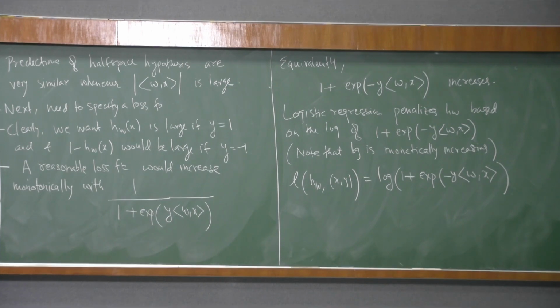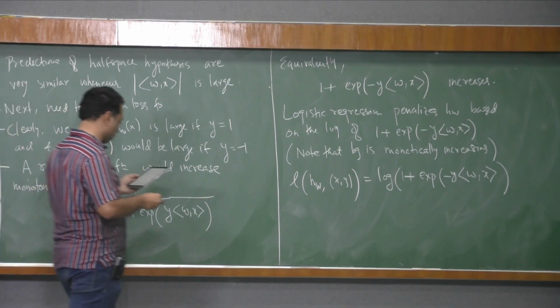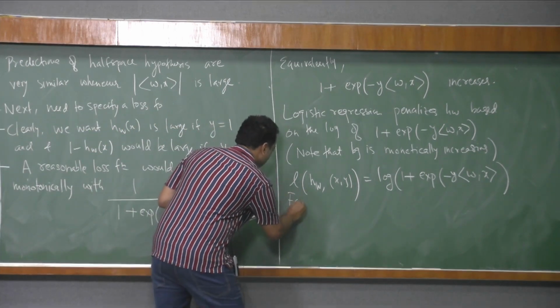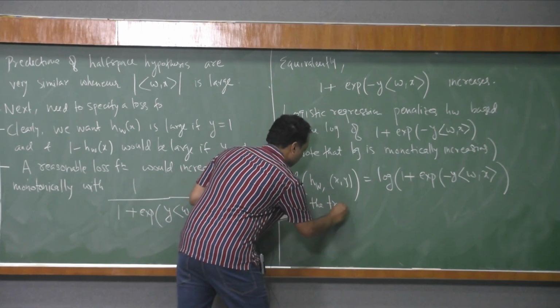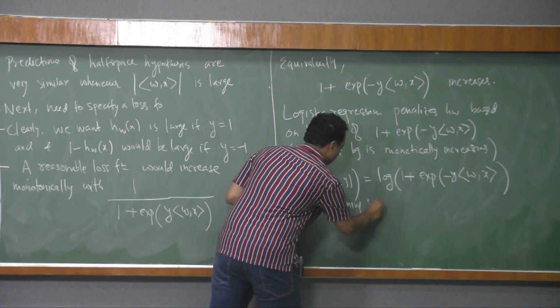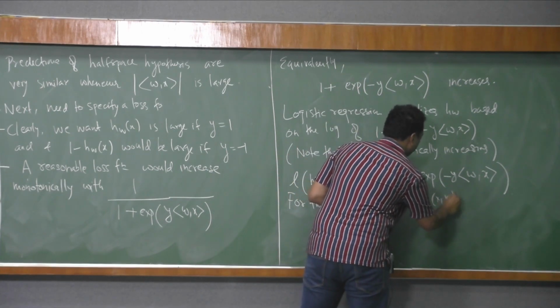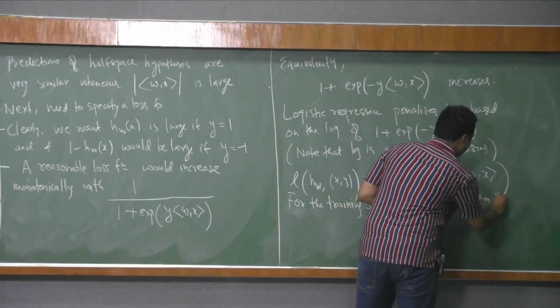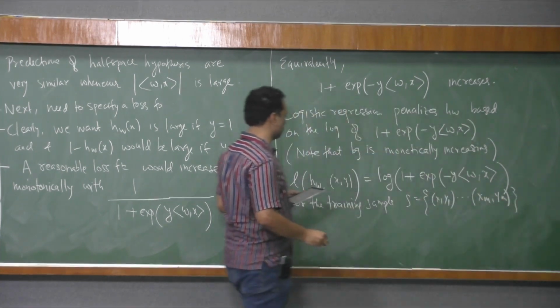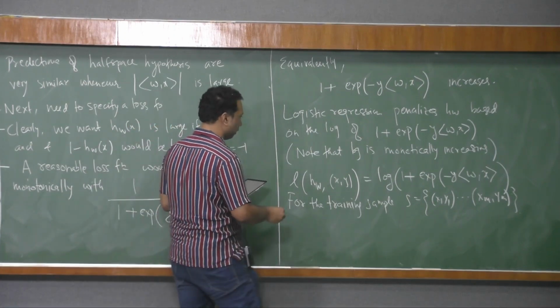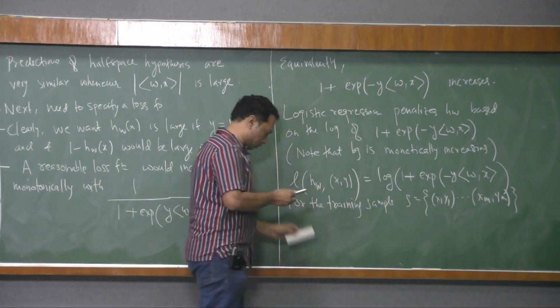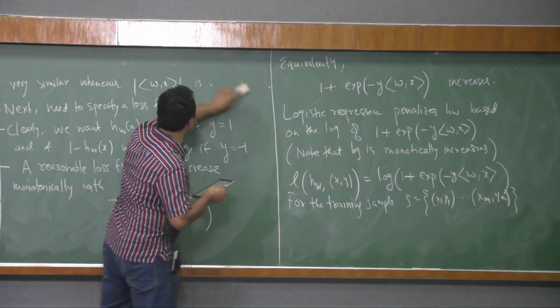And this loss is calculated for one x, and we can make the loss a sum of losses over all the x. So then we can have a generic loss for the training sample S, which is the pairs x1 y1 dot dot dot xm ym. So the overall training will be like argmin of the sum of these losses.